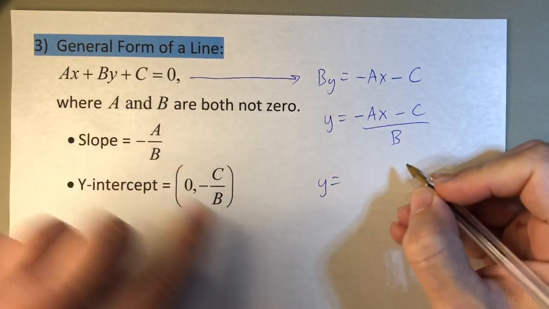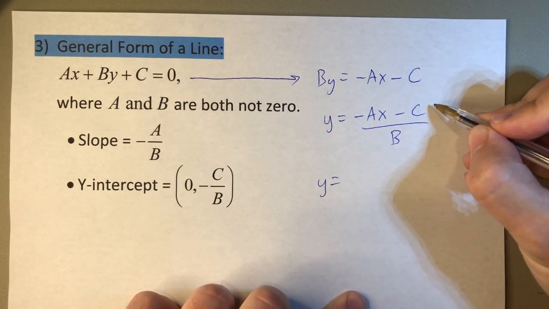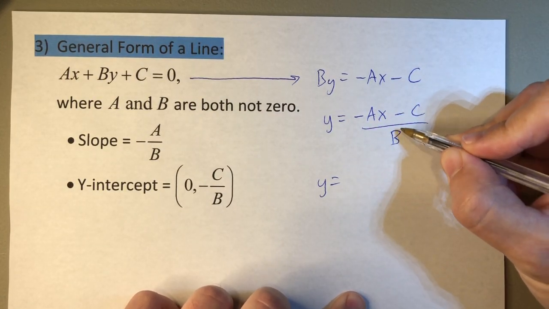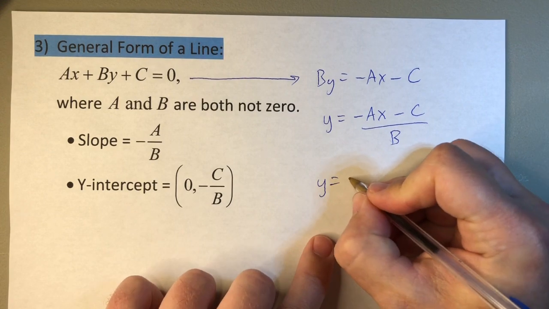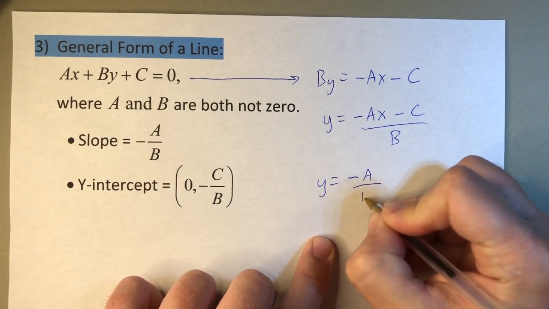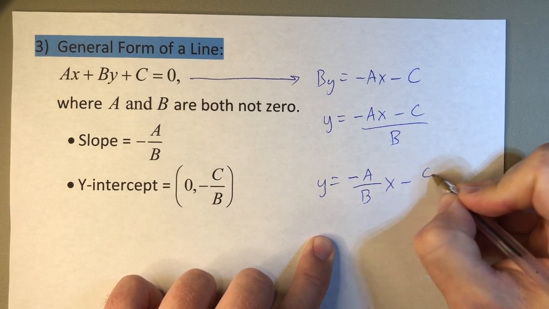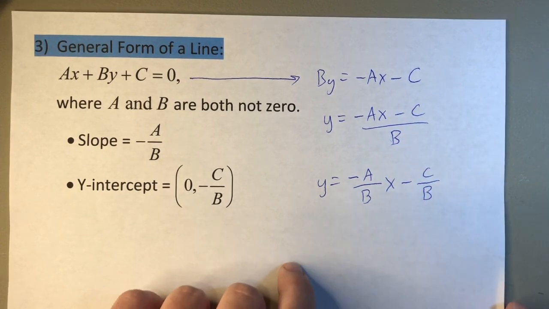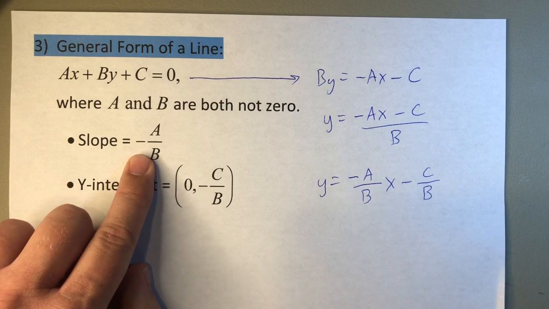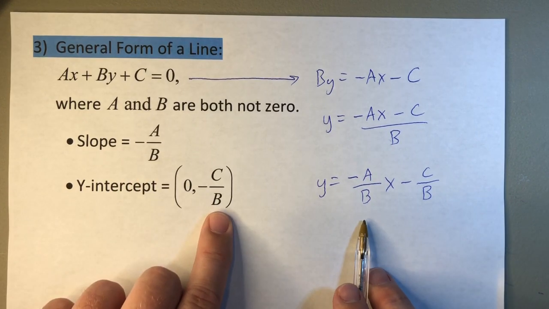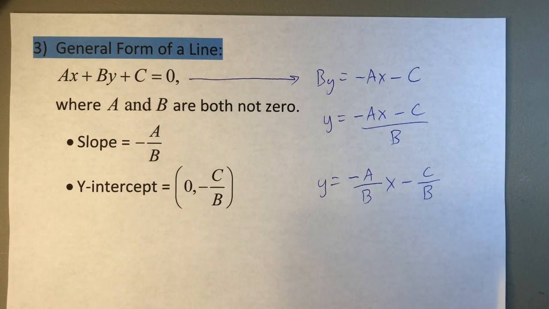Now I have this two-term numerator over this common denominator, so I could break this up into two distinct fractions. So I could get negative a over b times x, and then this part, negative c over b. Do you see where I'm getting the slope now, and the y-intercept now?